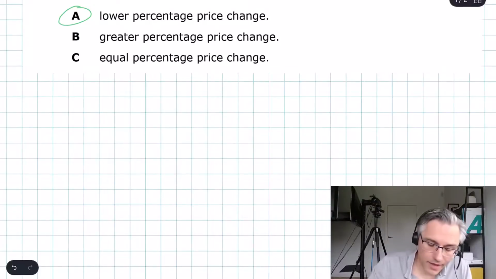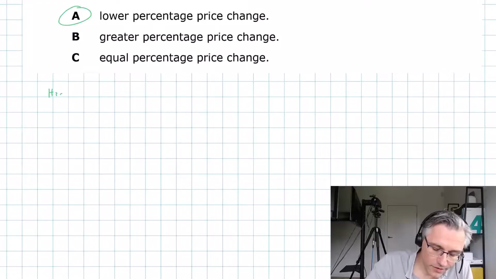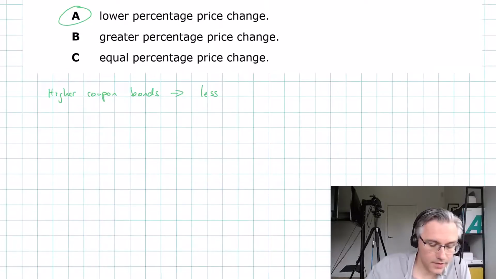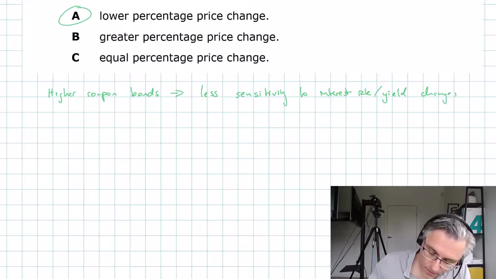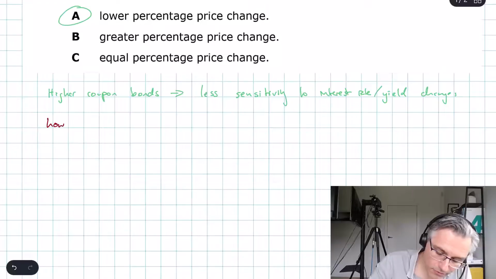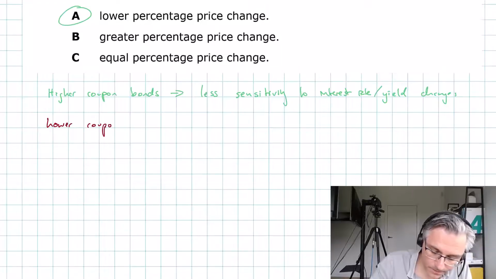Let's write this down. Higher coupon bonds exhibit less sensitivity to interest rate, or basically yield changes, whereas lower coupon bonds are the opposite.